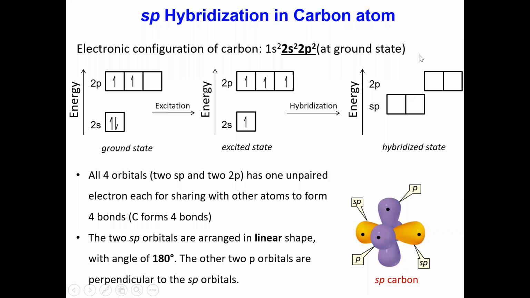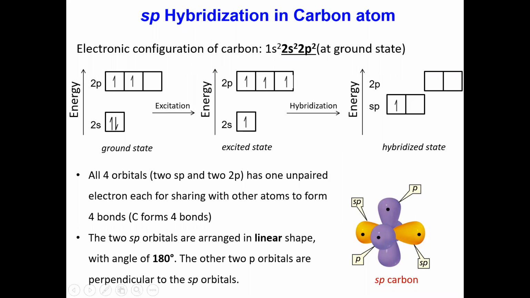Let us take a look at the electronic configuration of carbon. At the ground state, carbon is 1s2, 2s2, 2p2. During the excited state, one of the electrons from the 2s orbital moves to the 2p orbitals. And during the mixing, only one of the 2s orbitals mixes with the 2p orbitals to give us two sp orbitals, and two of the 2p orbitals remain unchanged.